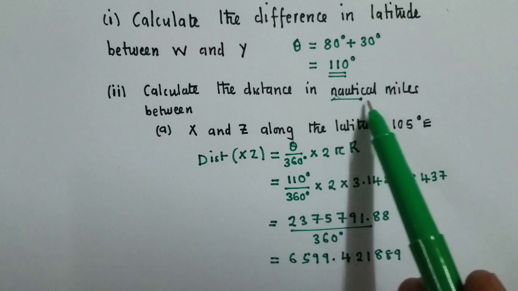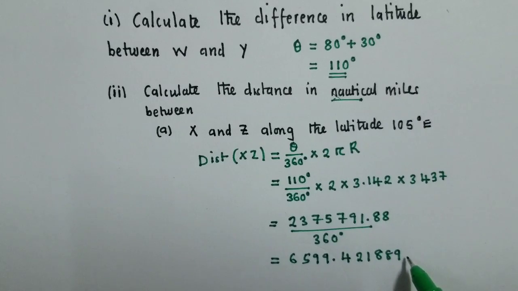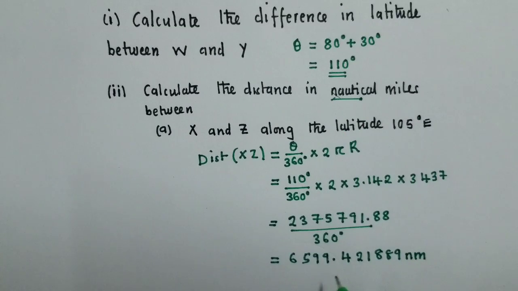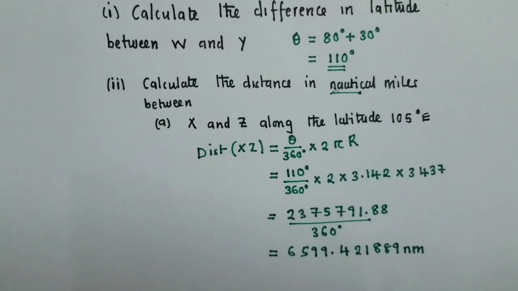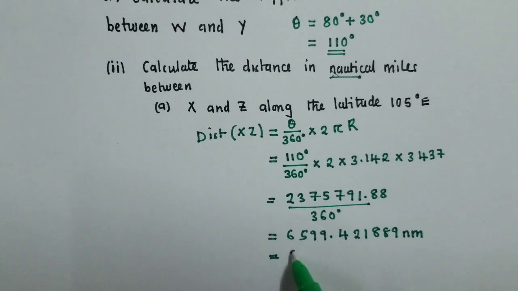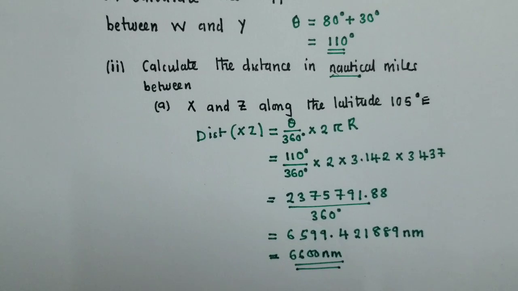When they have said nautical miles, you put nm, but if they have said kilometers, you put km. These are the units, to show that you're dealing with nautical miles. You can leave your answer right here, or if you want, you can write it in 3 significant figures, which will just be like this. This is our final answer.